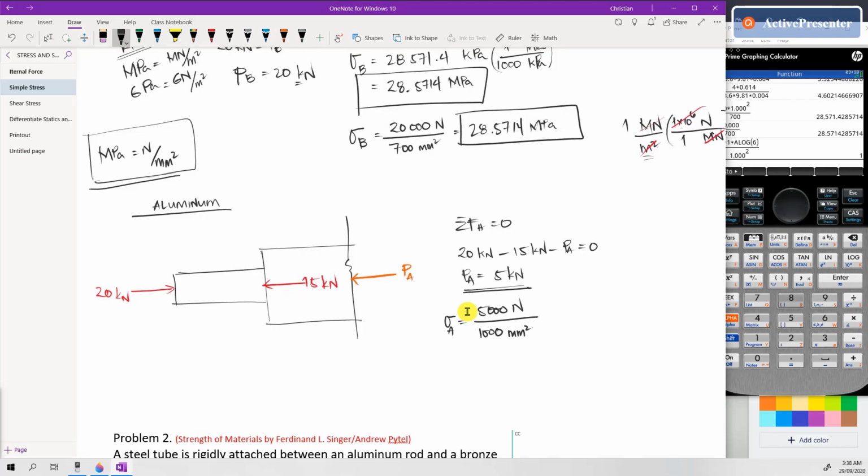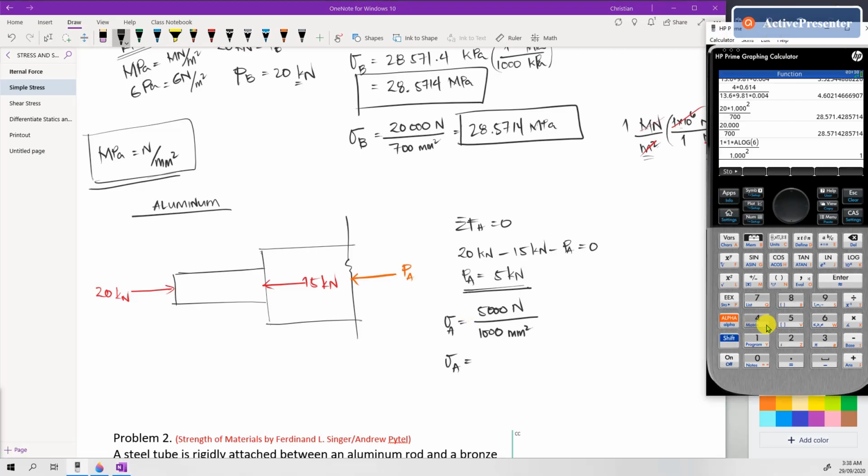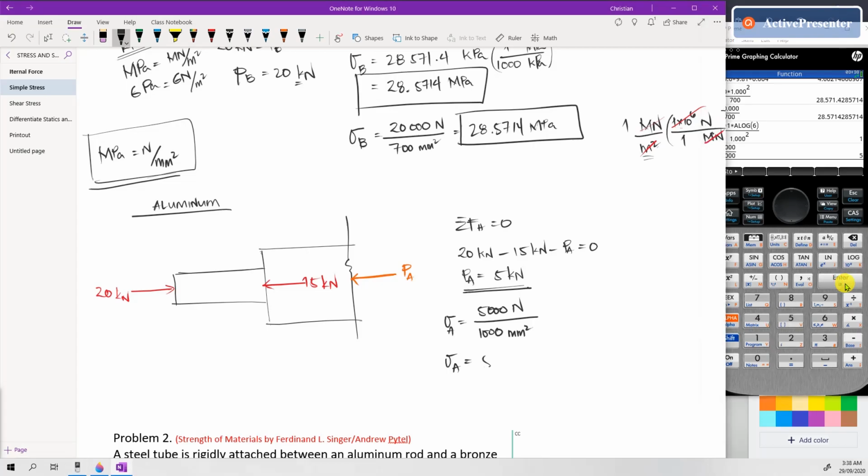Okay, then stress at the aluminum is, so, yun, 5 megapascal.